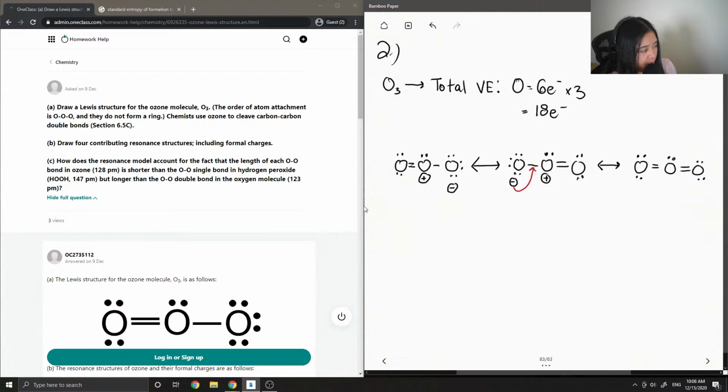Okay, so the last part says, how does the resonance model account for the fact that the lengths are all different?